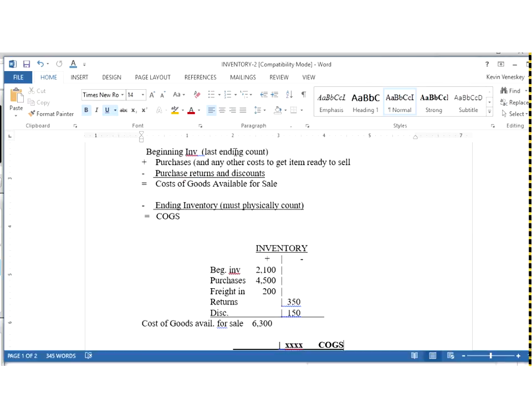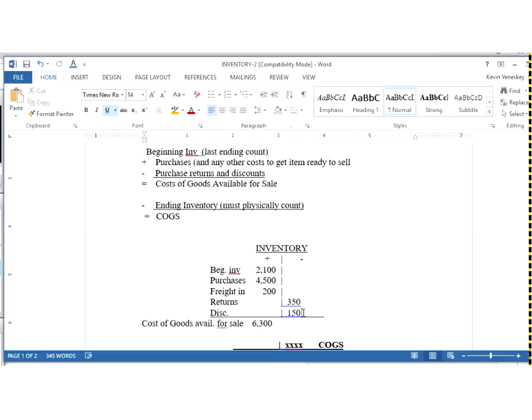So say we had beginning inventory. We started out this week with $2,100 of goods ready to sell. And then throughout the week, I purchased another $4,500 of goods. And I also incurred $200 in shipping to get these goods to my store. I also noted that I returned a little bit of it, $350 worth.